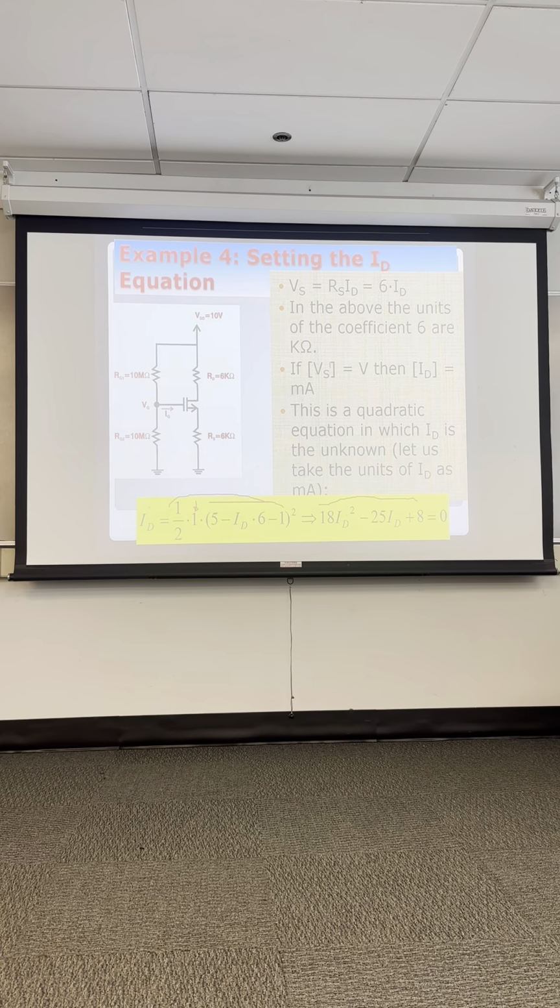And then now we have this version, which results in this equation that we have here. So go ahead and solve this equation for the quadratic roots. 0.8 and 0.5. You're getting that from the quadratic.